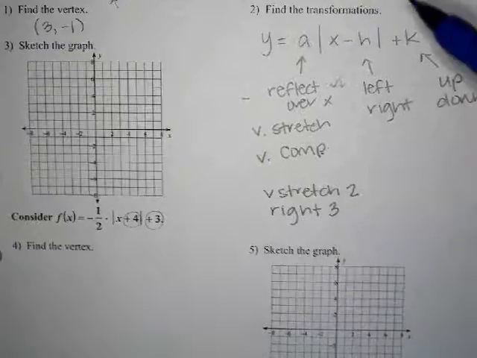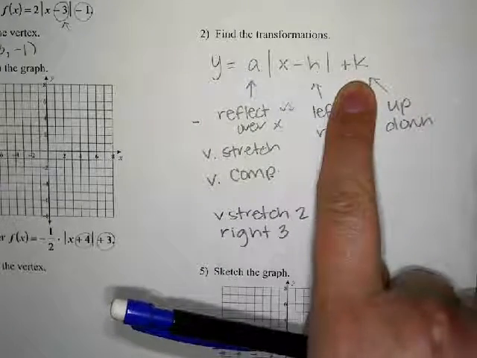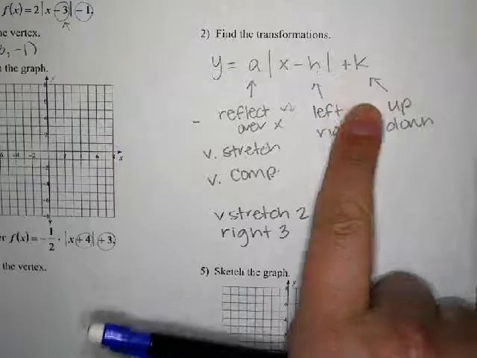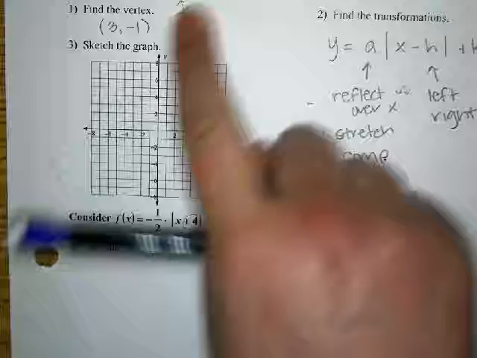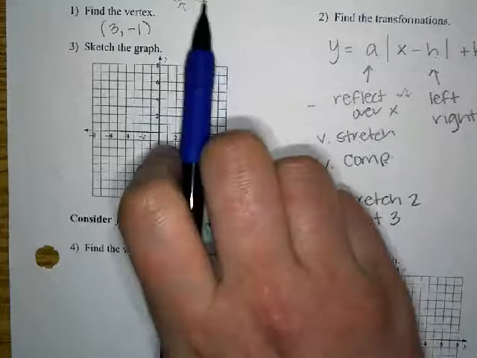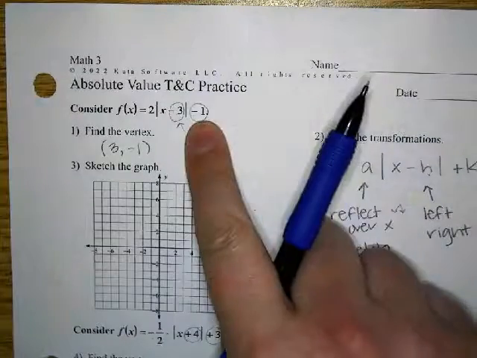Okay. The next transformation is on the end. It talks about whether or not the graph is moving up or down, and this one is exactly what you would think. It makes sense, you know, you took the -1, you stuck it right there. It's not the opposite, it's exactly what it says. So this graph is moving down 1.